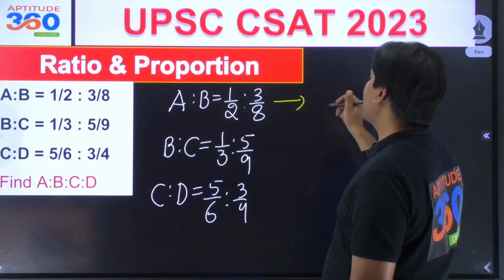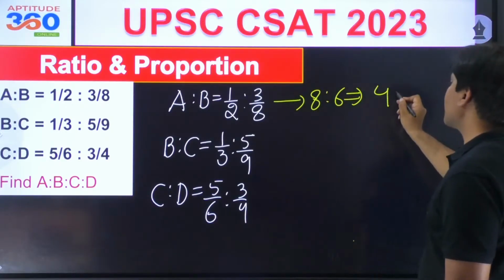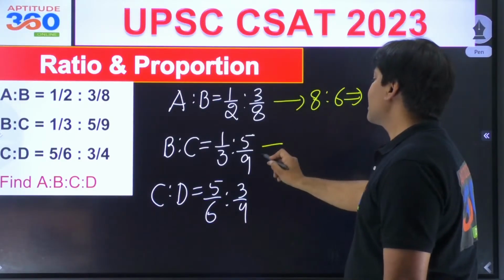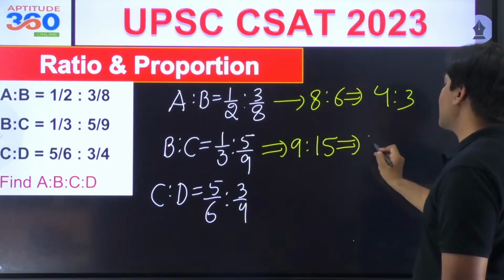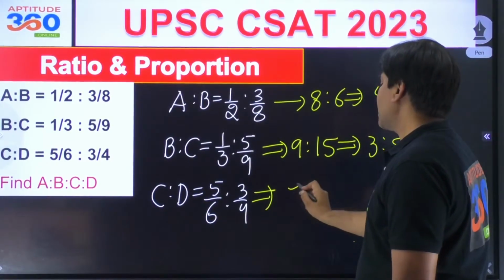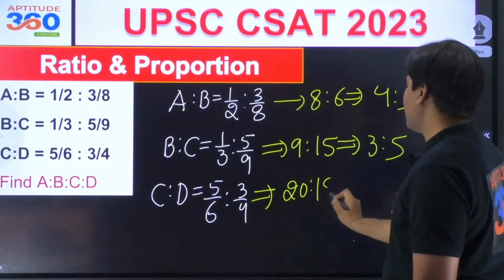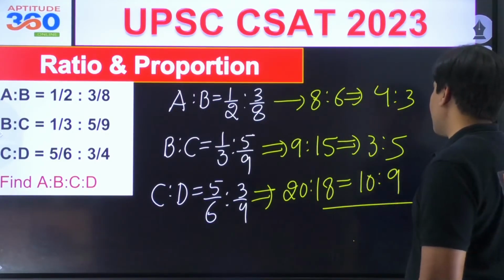It is 8 is to 6, which is 4 is to 3, isn't it? This is 9 is to 15, which is 3 is to 5. And this one out here is 20 is to 18, or you can say this is 10 is to 9. Now can you find it out?